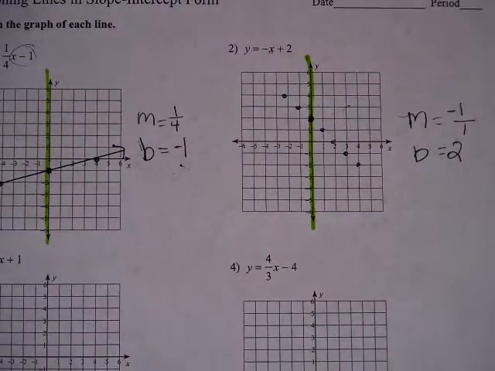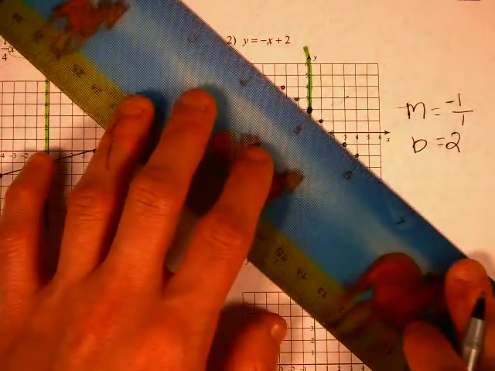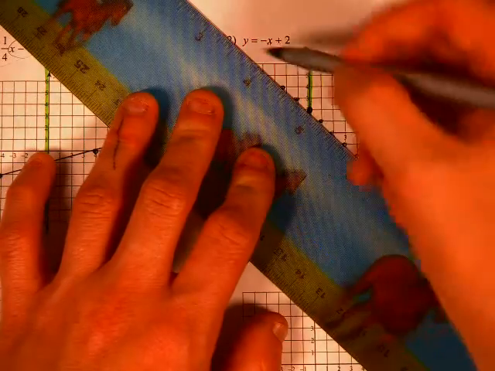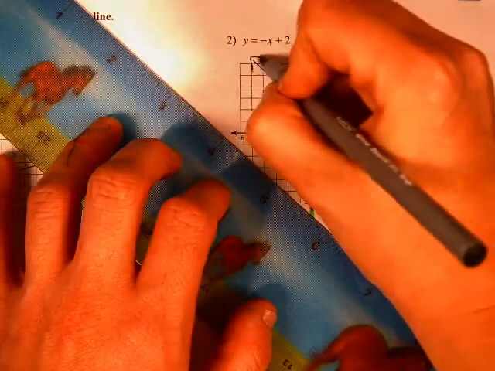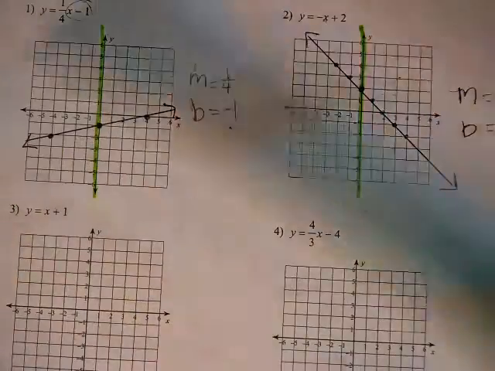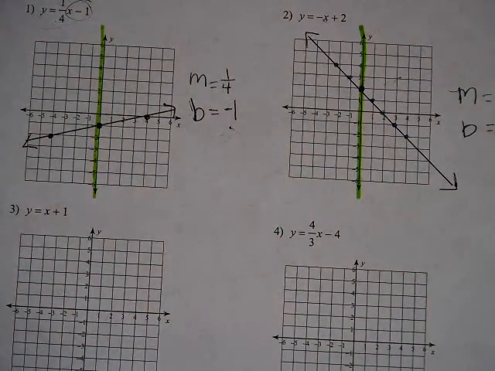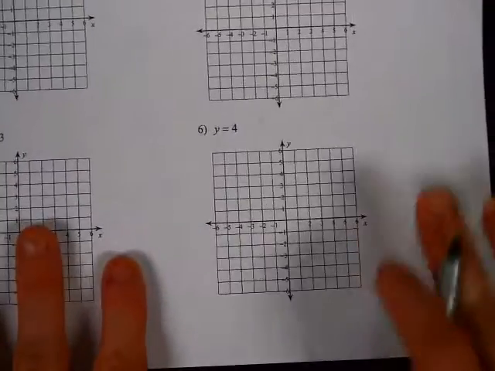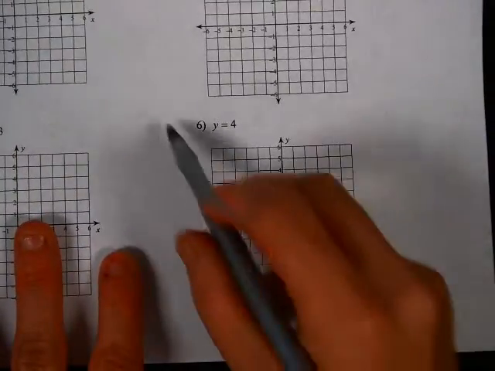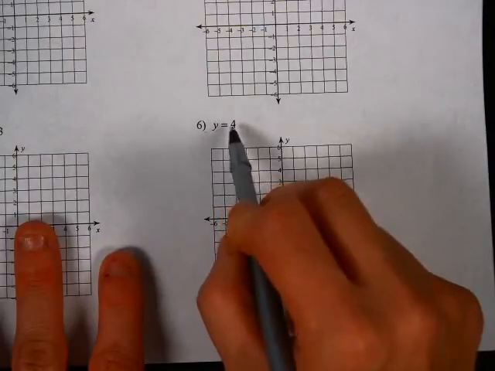Okay? That's plenty of dots. You could do many more, but that's plenty. So that is our line. Now, another one that's going to throw you off is number 6. Okay, number 6. It says y equals 4.